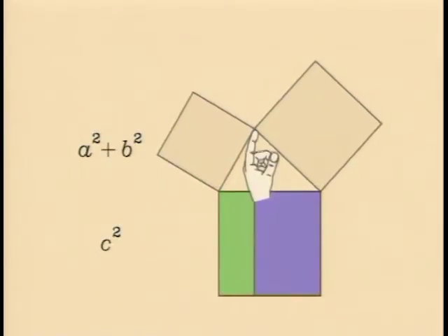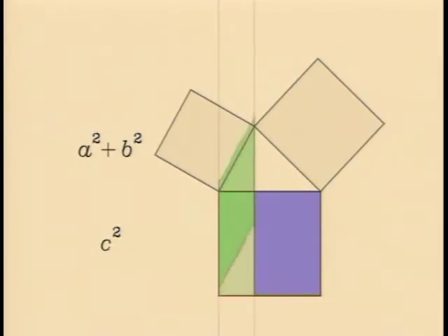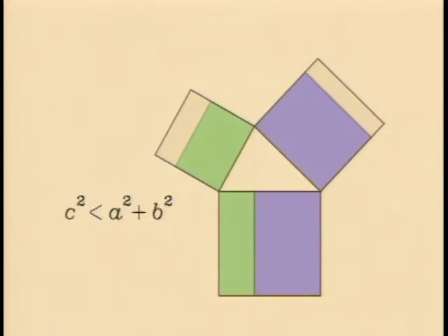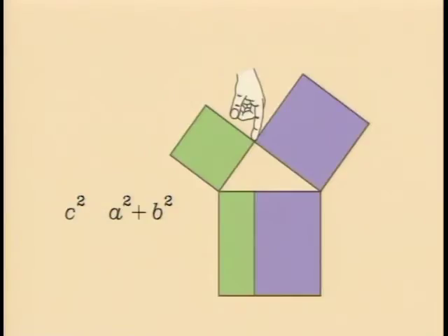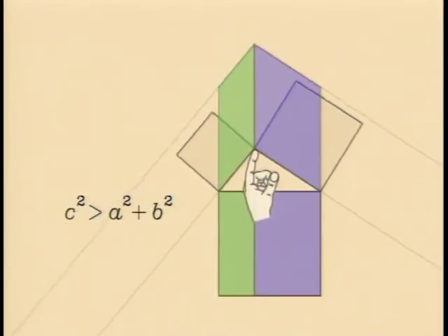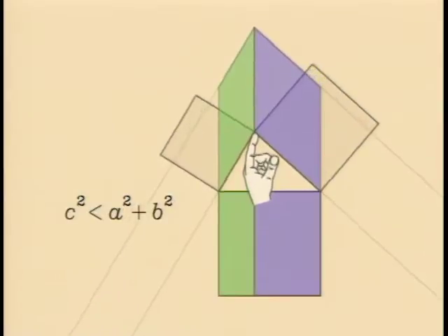As the opposite vertex moves up, you can see that the two rectangles won't completely fill the smaller squares. So c squared is less than a squared plus b squared. And if the vertex moves down, the two rectangles stick out too far, so c squared is greater than a squared plus b squared. Move the vertex up, so c squared is less than a squared plus b squared.